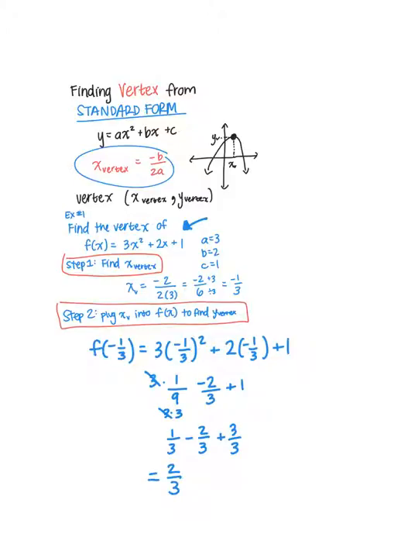So we know f of negative 1/3, or in other words, the y vertex, is going to be 2/3. So finally, our answer is the x value at negative 1/3, and the y value at 2/3.